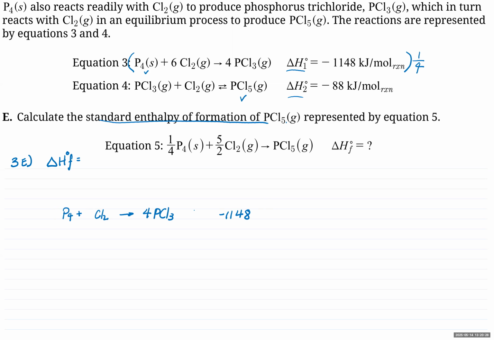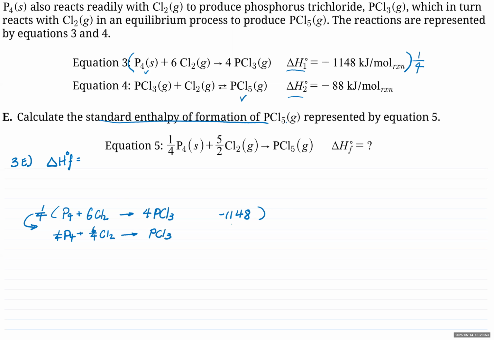And we're going to multiply this, remember, by a quarter, which gives you 1/4 P4 plus 1/4 chlorine. Oh, no, I'm sorry, it's 6 over here, so it's 6 over 4, right? Gives you 1 PCl3, like that.